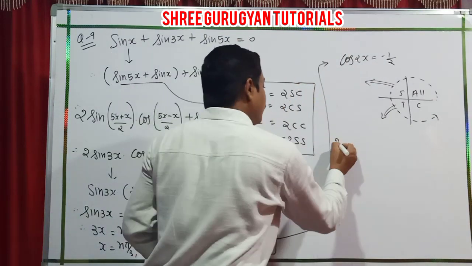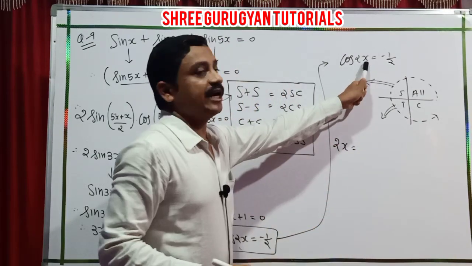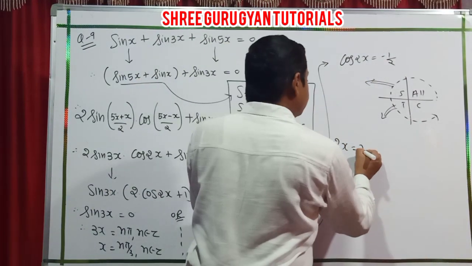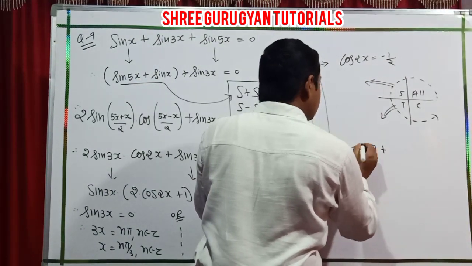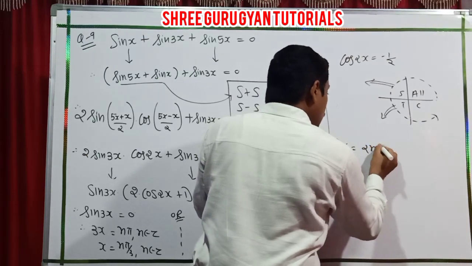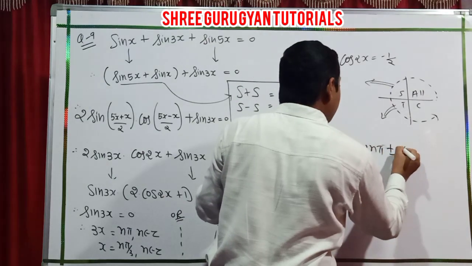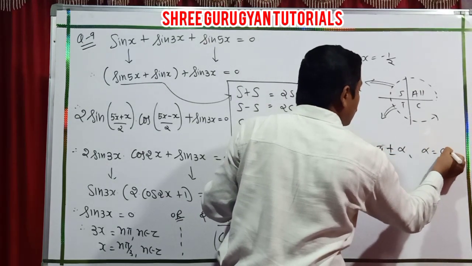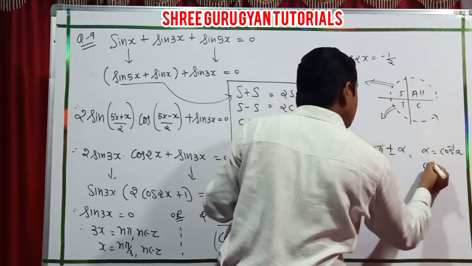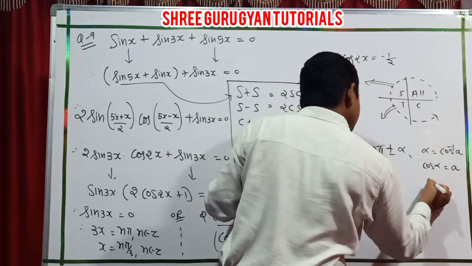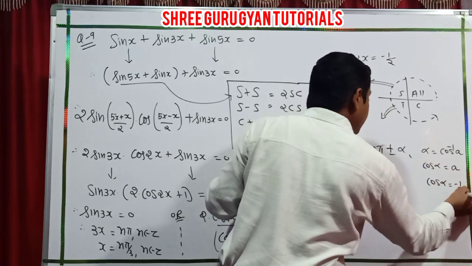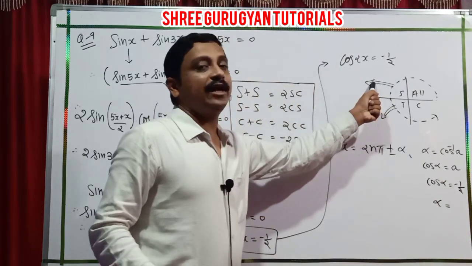So your first answer is in the second quadrant, then the third quadrant. So its solution is 2x is equal to 2n pi, the solution of cos x, plus or minus alpha, where alpha is equal to what? Cos inverse a. So cos alpha is equal to a. So what is a? Minus half. And in which quadrant is cos negative?